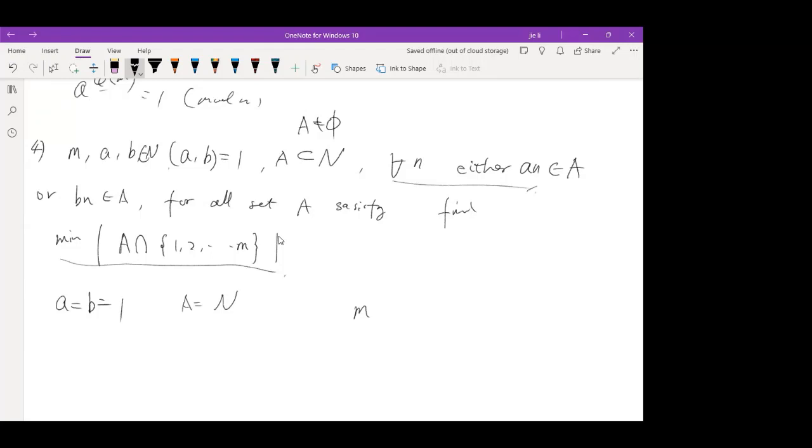Right. And then next, what do you think? a and b, they're not all equal to 1. Suppose we just do a greater than b, greater or equal 1.